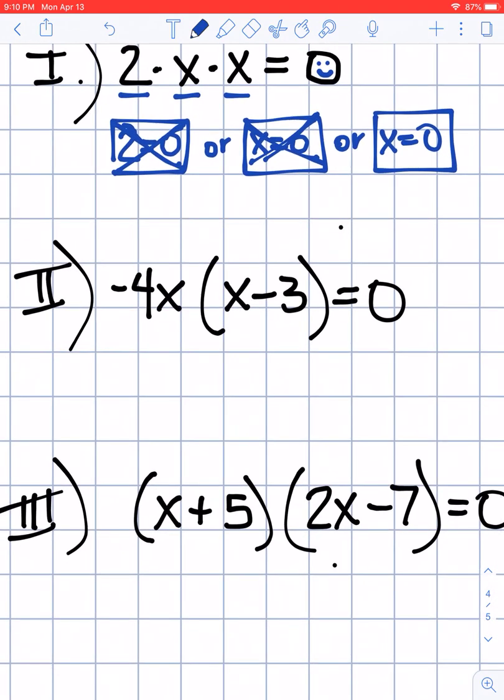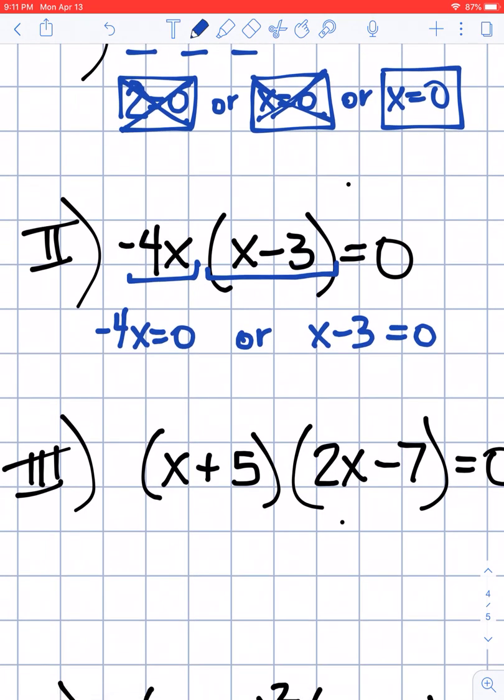Problem 2. Negative 4 times x minus 3 has to be 0. Well, this means, again, negative 4 times x has to be 0, or x minus 3 has to be 0.